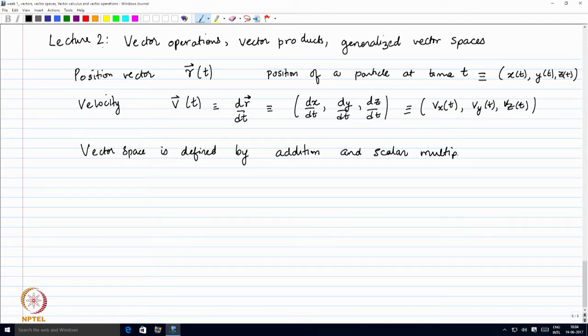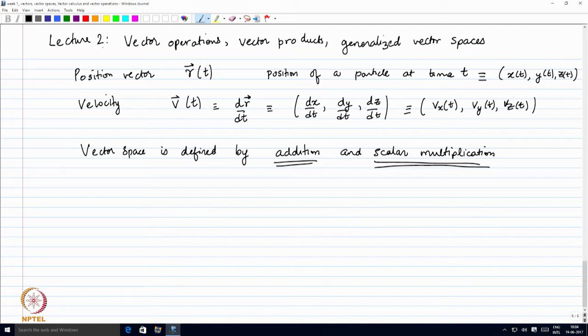We know that if you add 2 vectors, you will get another vector, and if you multiply a vector by a scalar, you will get another vector. So, addition and scalar multiplication are necessary to define the vector space. You have to know how to add vectors, and you have to know how to multiply them by a scalar. Now, there are other operations you can define, and these are additional things that you define on the vector space.